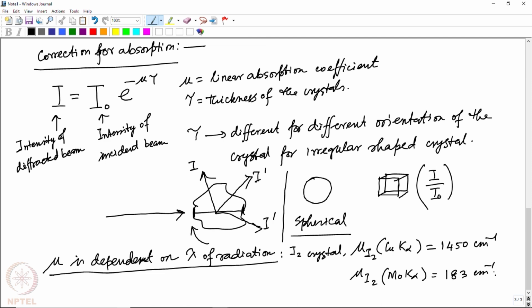One can think of doing the empirical absorption correction based on the shape.